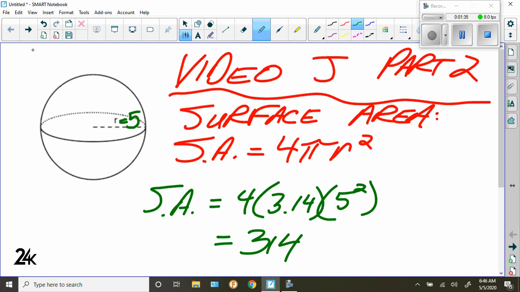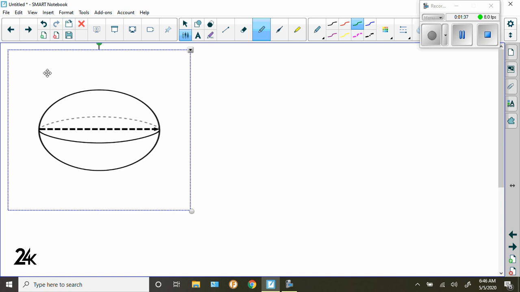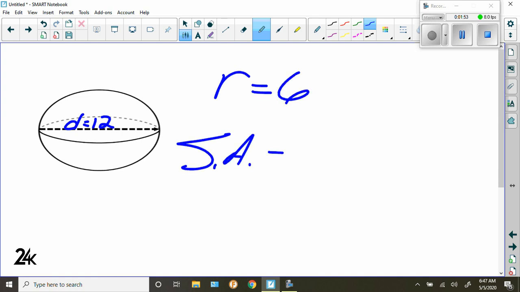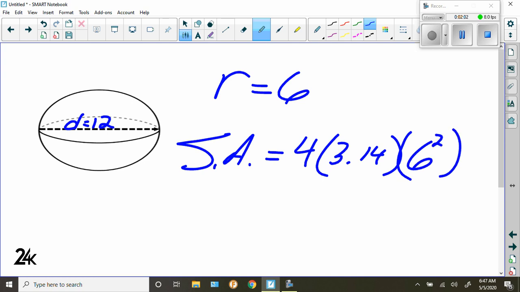All right, so let's do one more and I'll be done. Oh no, what if the diameter is given? What shall we do? Let's say that the diameter was 12. Well, that means if diameter is 12, the radius is 6. So then the surface area would be 4 times 3.14 times 6 squared, but everybody knows 6 squared is 36.